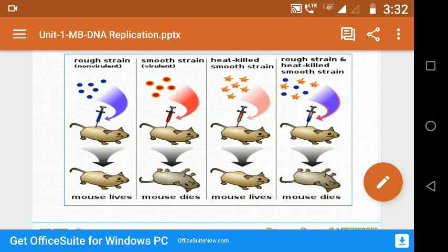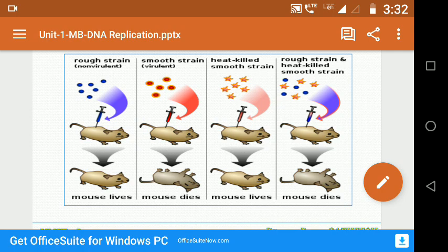Because the rough strain is avirulent and the heat killed smooth strain is also avirulent, there should not be any pneumonia and the mice should survive in this case. But to his surprise, he found that the mice died by getting pneumonia.